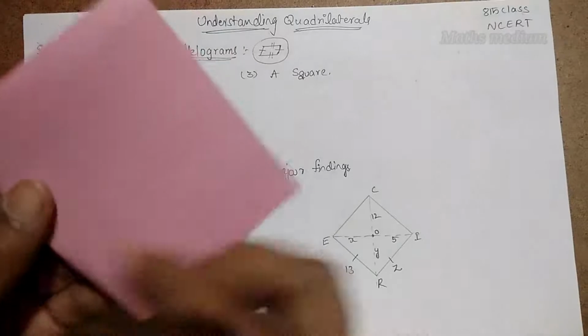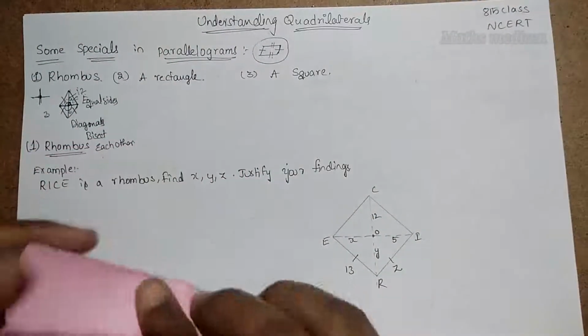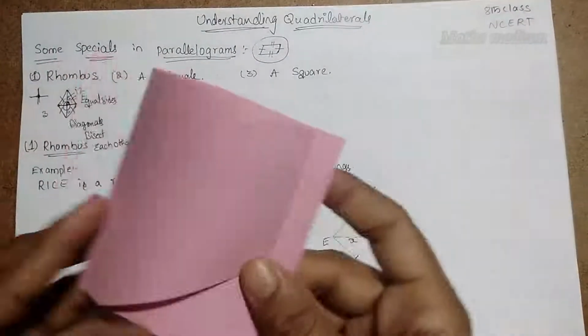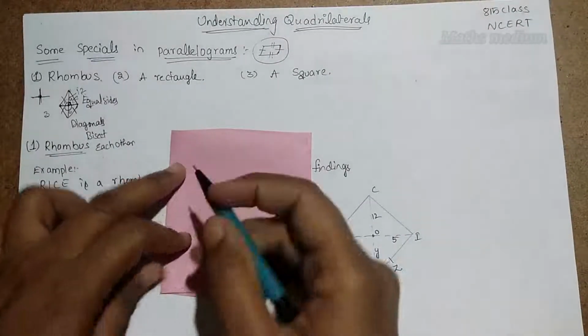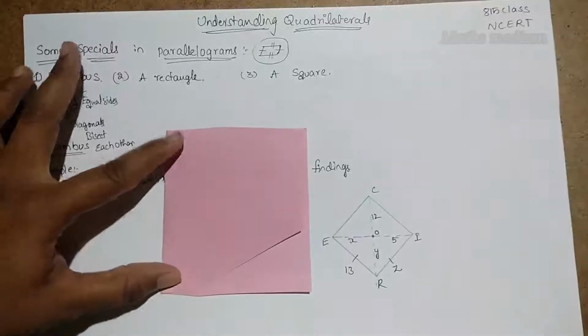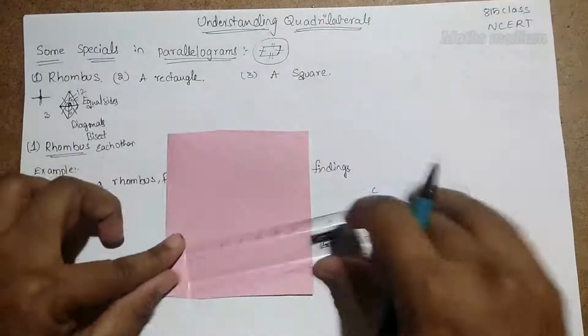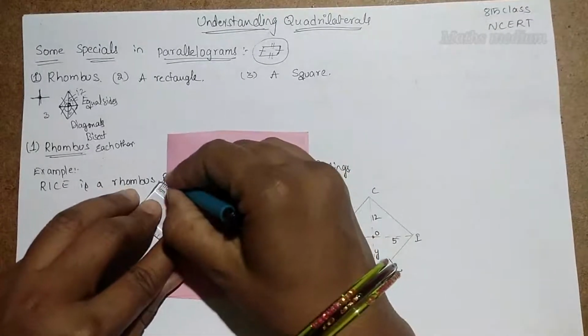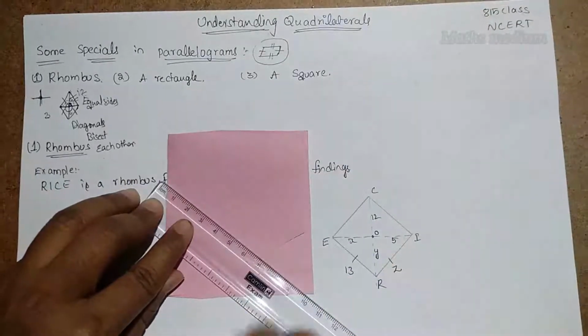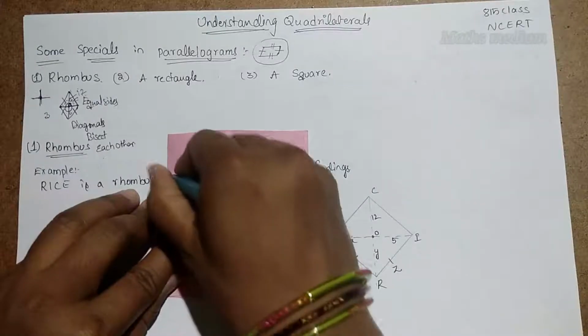Let's take a piece of paper like this. Fold the paper like this. Draw some equal length, putting a point at the end.